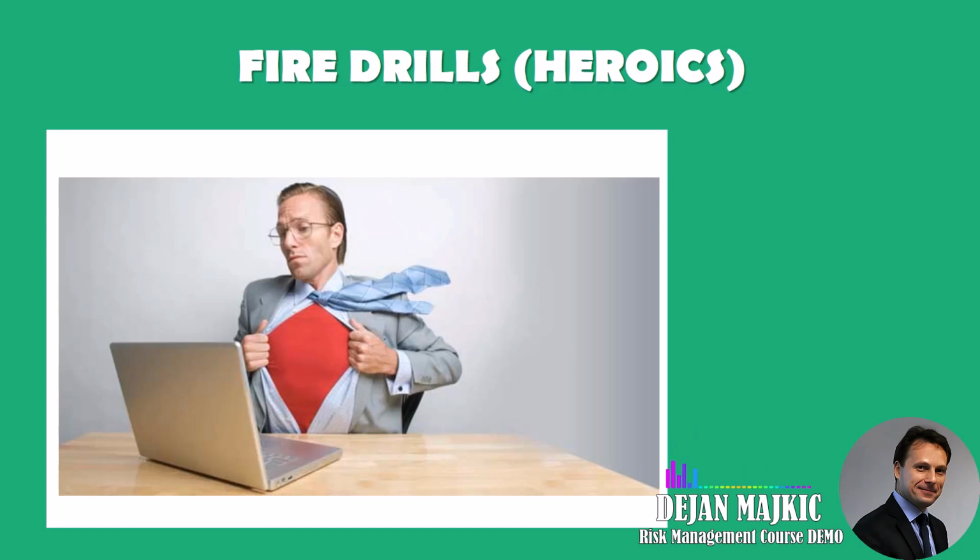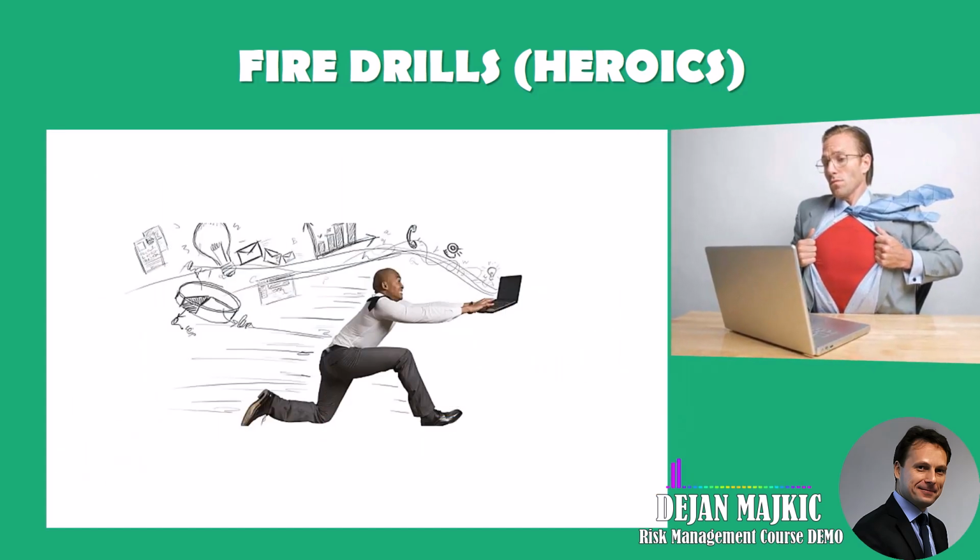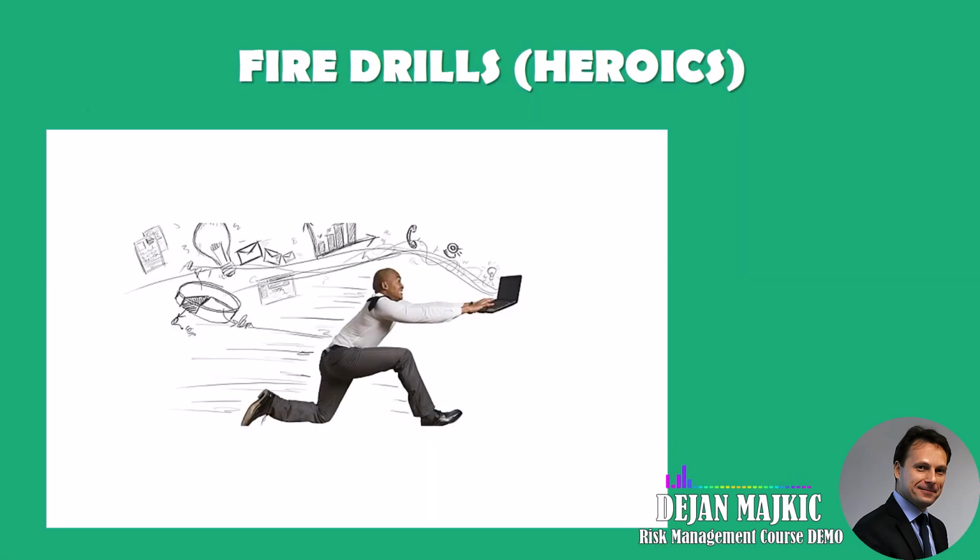So to avoid fire drills and heroics, it is important to establish expectations with the client early on in the project and to follow agile software development practices. For example, using time boxes, always producing a work product at the end of those time boxes. These strategies keep the team working at a steady pace, avoiding both fire drills and heroics. They will also keep up the team motivation for the project.